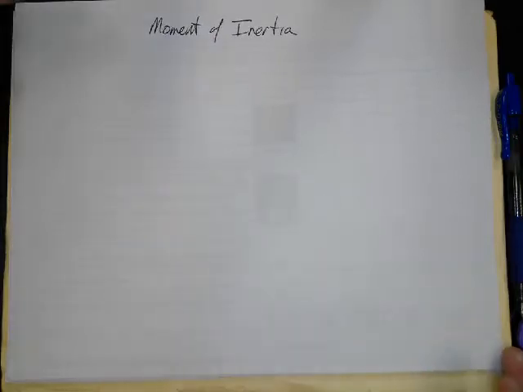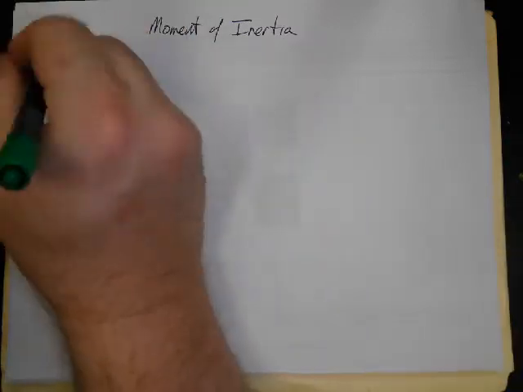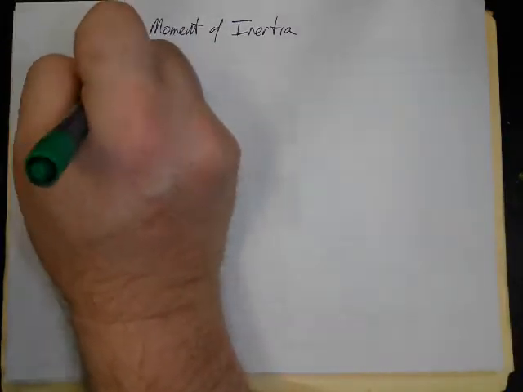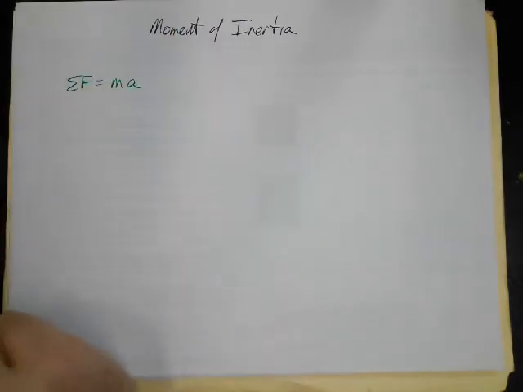So what happens if things are not moving in equilibrium? What happens if there is an acceleration somewhere? When we look at Newton's second law, the sum of the forces looks like the mass times acceleration.